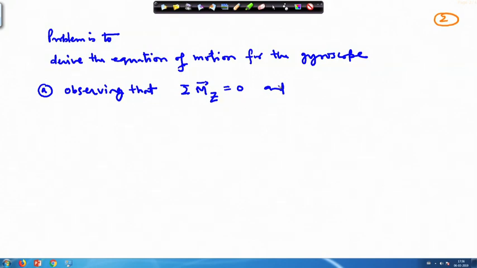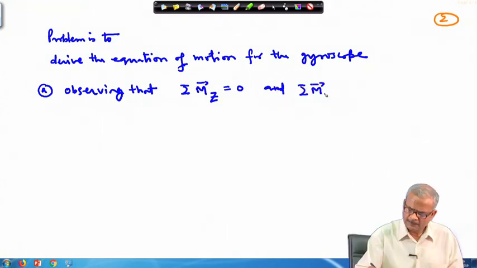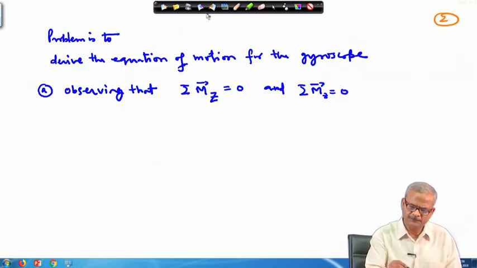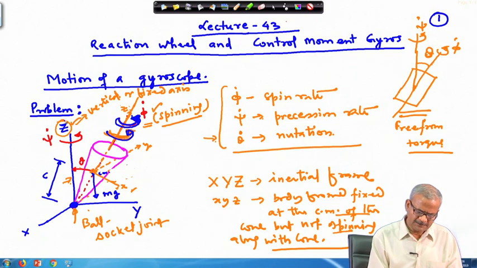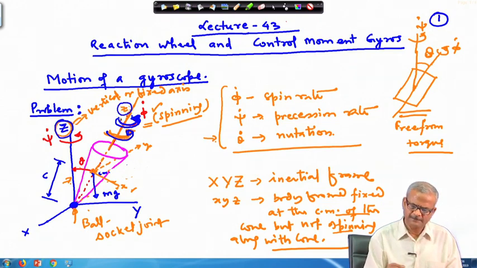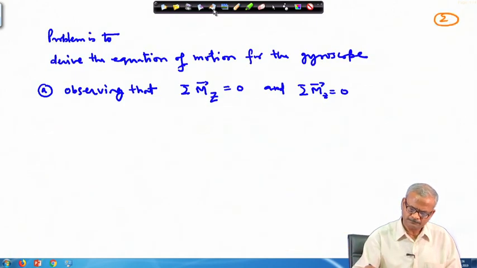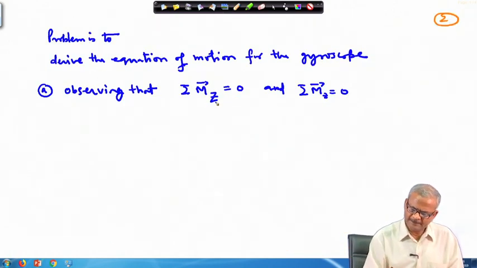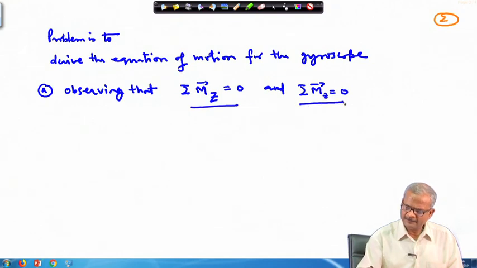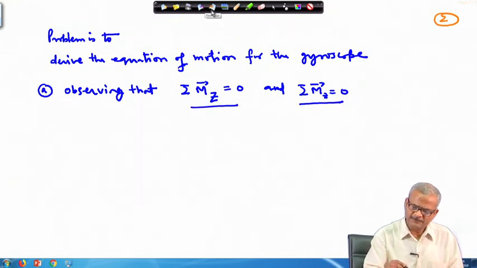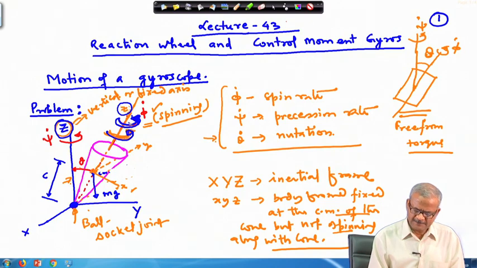This is capital Z and this is small z. There are two axes we have already shown. This is capital Z here, and the small z is shown in this place. Observing that about the vertical axis and about the central axis of the body, there is no torque, because of whatever way the gravity is acting.